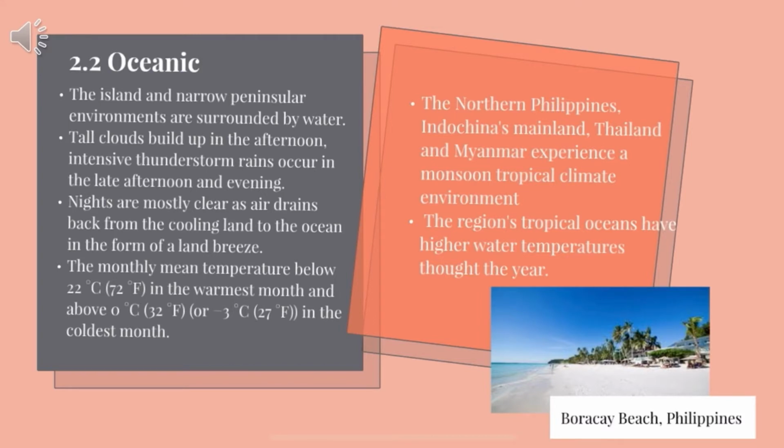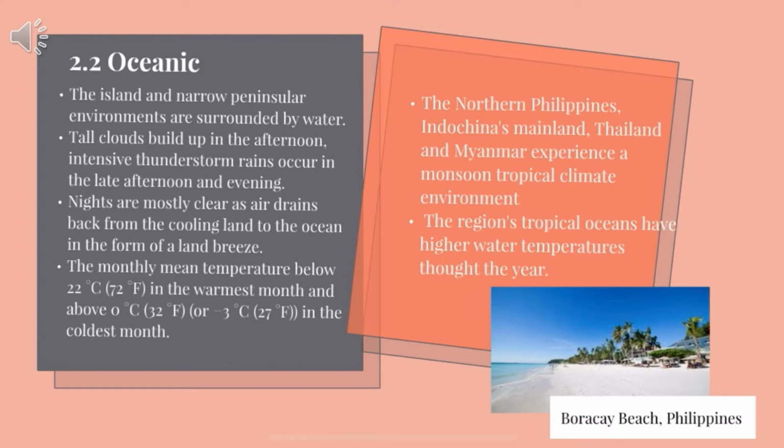Nights are mostly clear as air drains back from the cooling land to the ocean in the form of a land breeze. The monthly mean temperature is below 22 Celsius in the warmest month and above 0 Celsius or -3 Celsius in the coldest month.